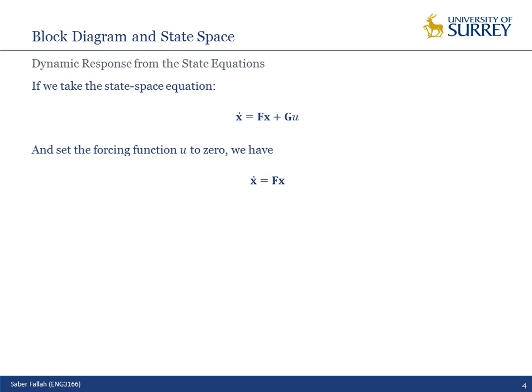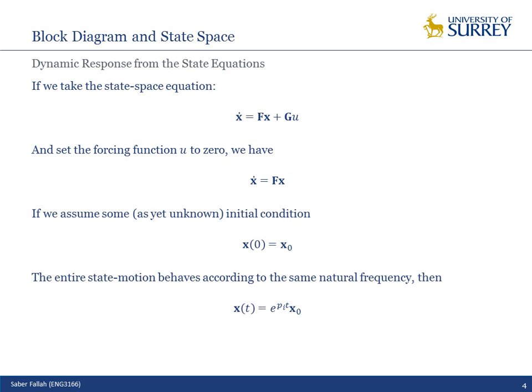And if I assume the initial condition is given, x at time 0 is equal to x naught, according to the relation I had here, x(t) will be e to the power pi t times x naught.